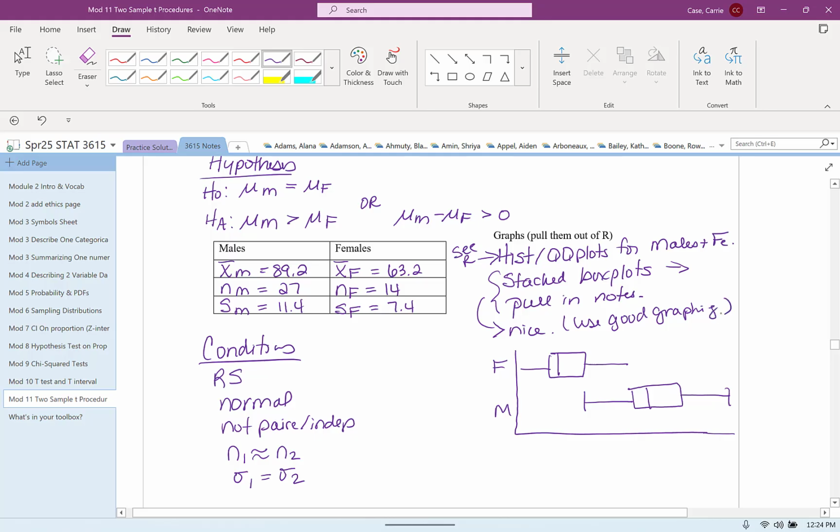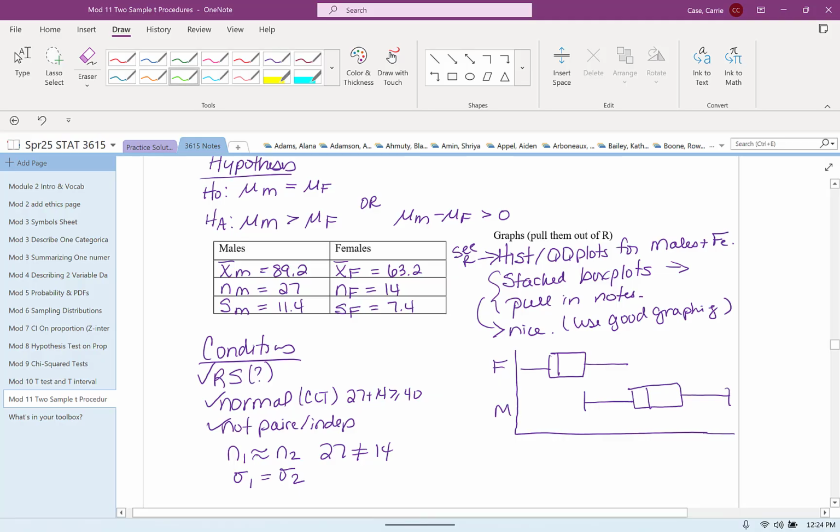So our conditions: random sampling, probably not because this is something in the field, but again, this is one that's often ignored. Normality can be met through the central limit theorem because 27 plus 14 is greater than or equal to 40. Not paired, we don't have paired data. We have males and females and they're not of no relation. And then 27 is not even close to 14.